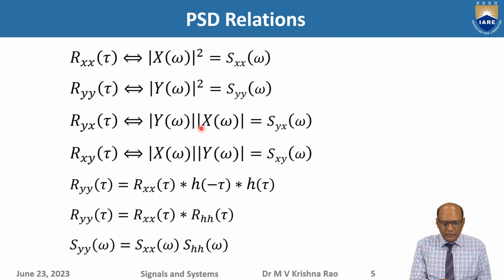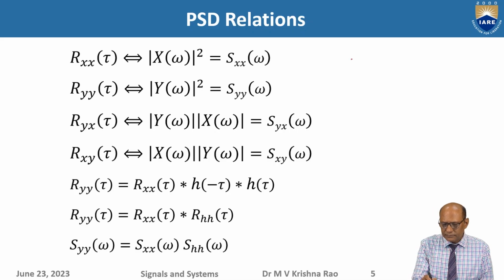Then this is equal to the cross power spectral density of the input signal and output signal. Of course, order is also important. Similarly, R XY and S XY form the Fourier transform pair. Let us see what the importance of this cross correlation function, the cross power spectral density, is.